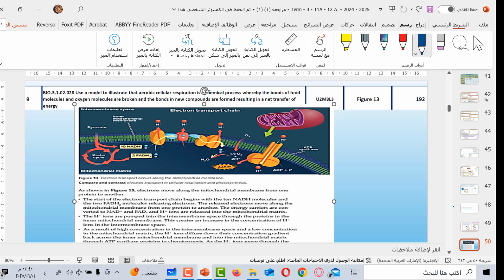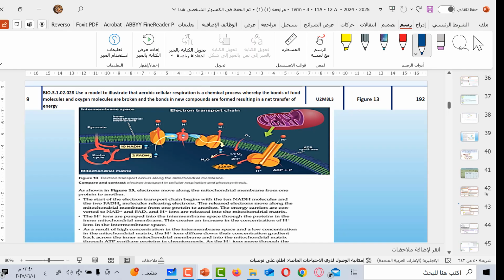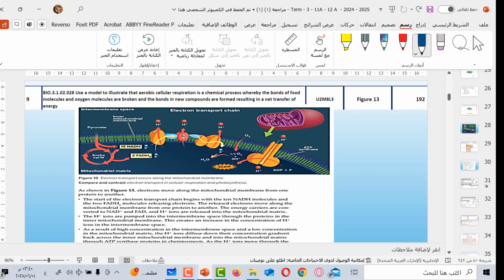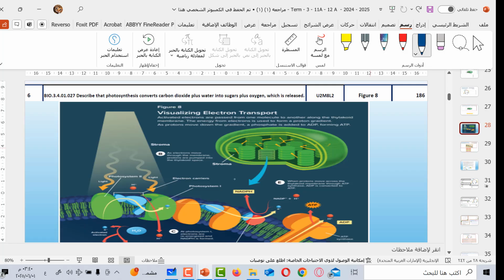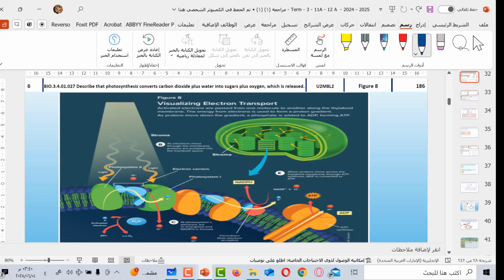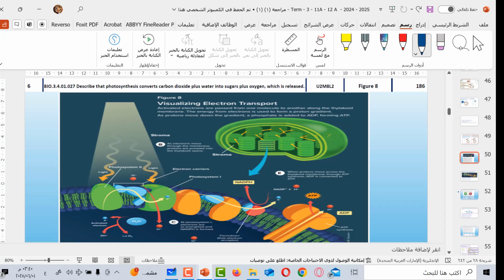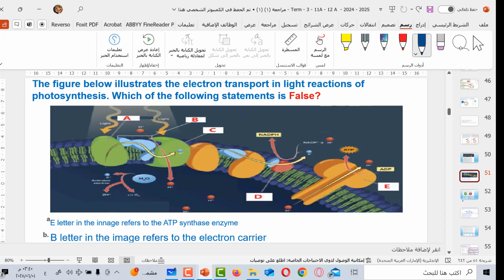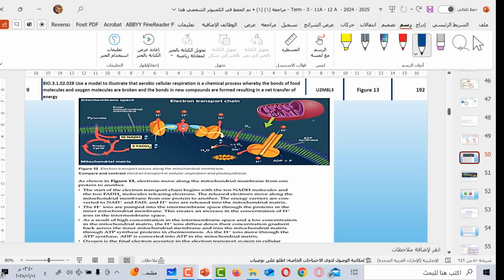It may look like this picture, but be careful. This happens in the thylakoid, in the chloroplast, and this happens in the mitochondria. Sorry, not this one. This happens in mitochondria.